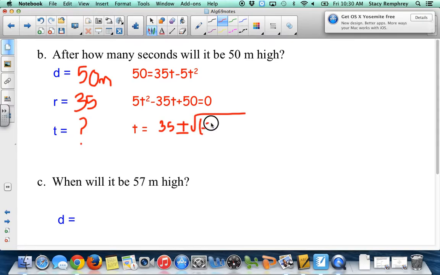When you type in your b squared, please make sure that your b is in parentheses. We've talked about this with quadratic formula. Okay, minus 4a and c, all over 2a.